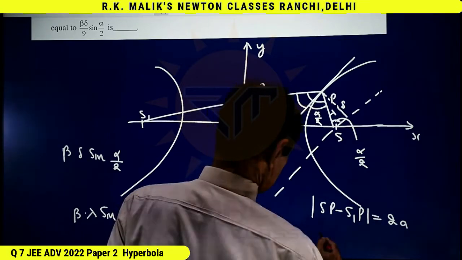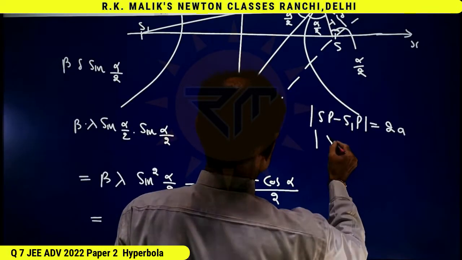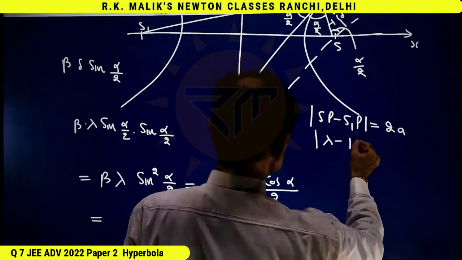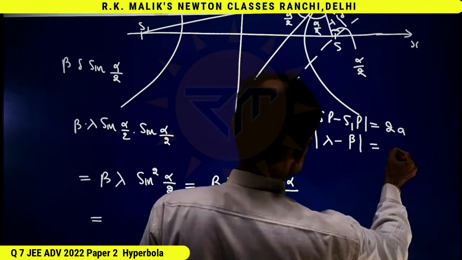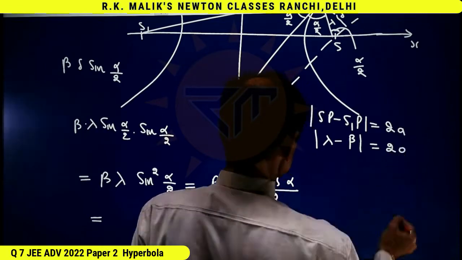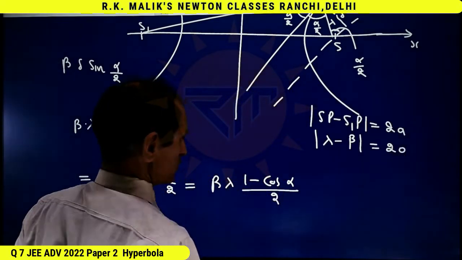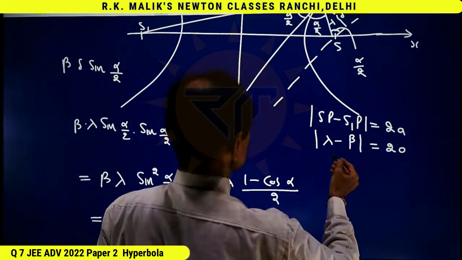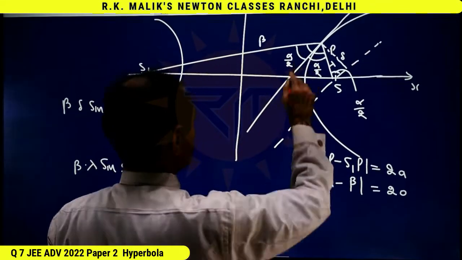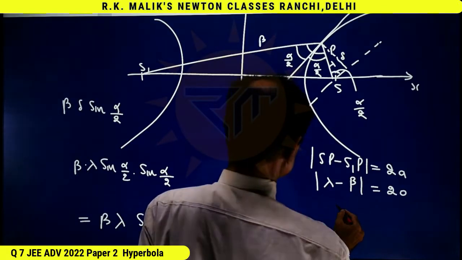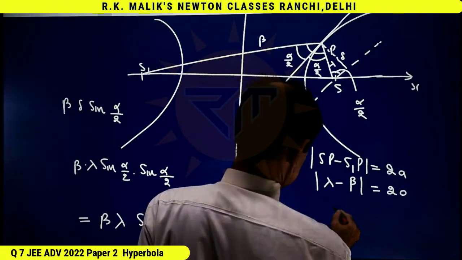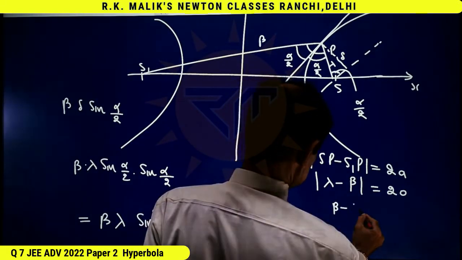That is, I can say in this question, lambda minus beta is equal to 20, because A is 10 here, and because here point P is lying in the first quadrant, it is sure that beta is bigger, hence I can say beta minus lambda is 20.